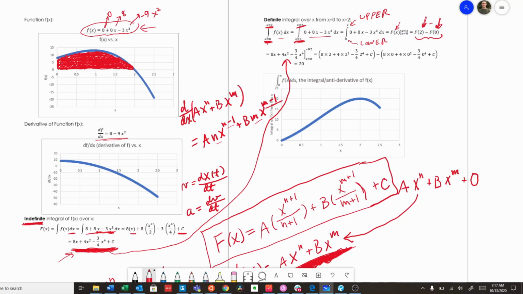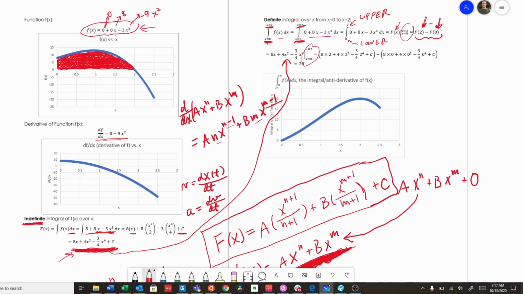So it ends up canceling out. Okay, so I can just take this thing without the constant and put that in for capital F of x over here. Then I'm going to evaluate it at the top of the region minus its value at the bottom of the region. Okay, that's what this notation here means.